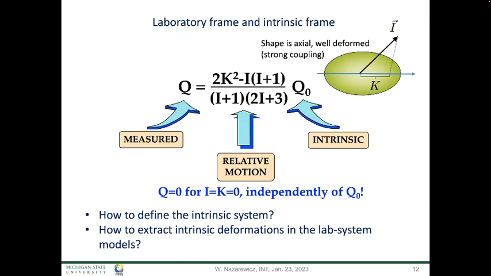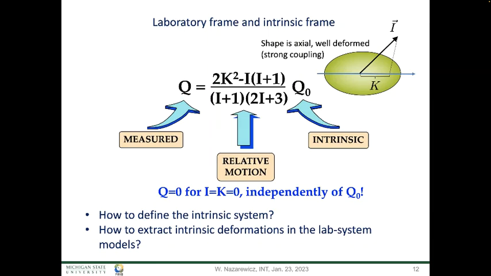The quadrupole moment of the ground state of an even nucleus is always 0, regardless of how well this nucleus is deformed intrinsically. So this tells you that the transition from the intrinsic to the laboratory system is a serious business. And also, the meaning of deformation depends on whether you talk about the intrinsic or the external system.